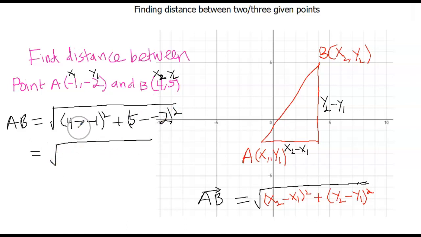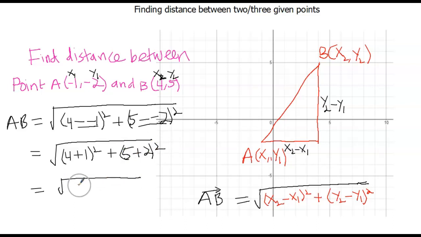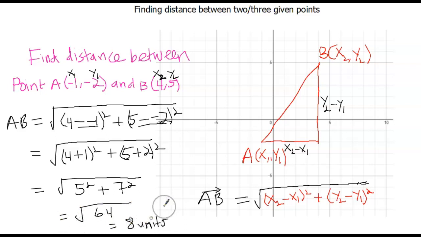And we know that minus a negative becomes positive, so here it becomes 4 plus 1, all squared, plus 5 plus 2, all squared. That gives us 5 squared plus 7 squared, and we get the same answer as we got from the other method.